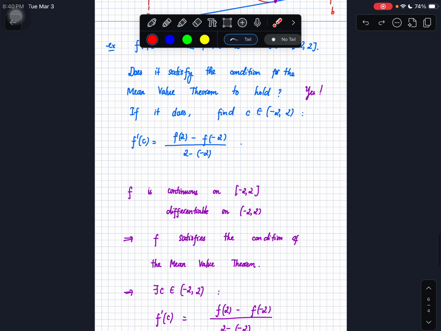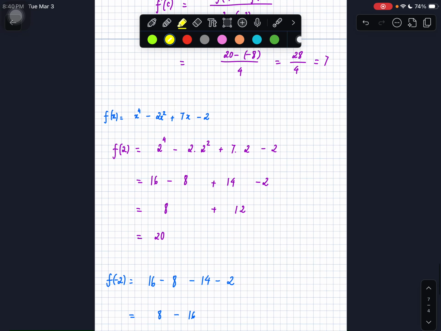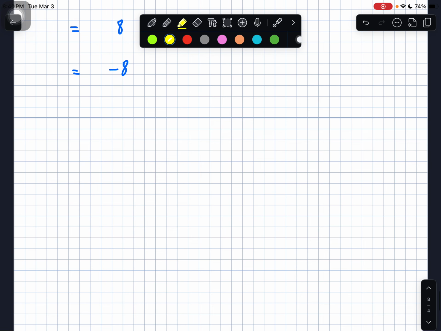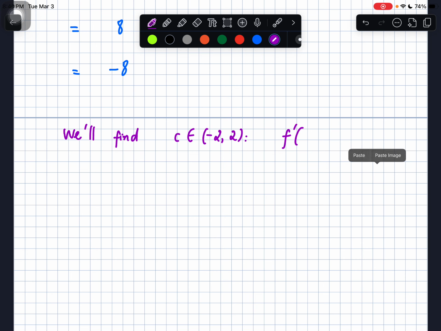Now we find c. We are trying to find c between -2 and 2 such that f prime of c equals 7.